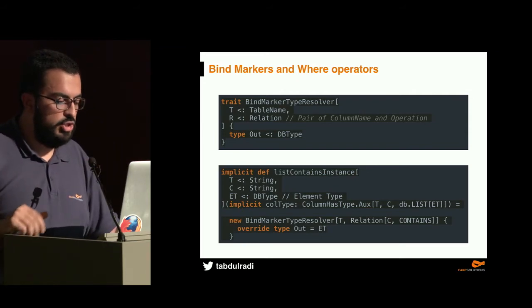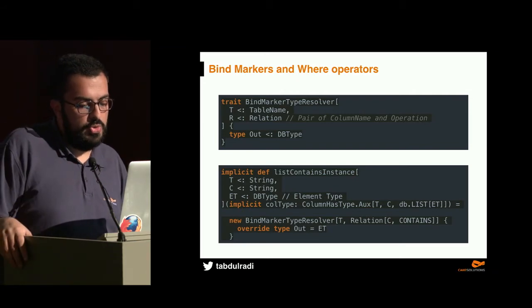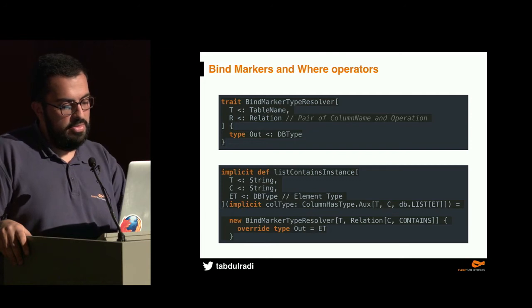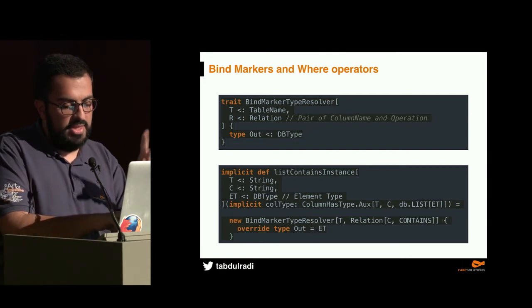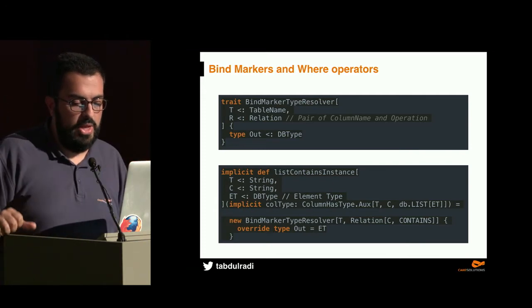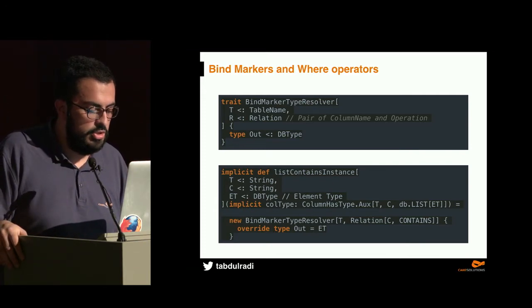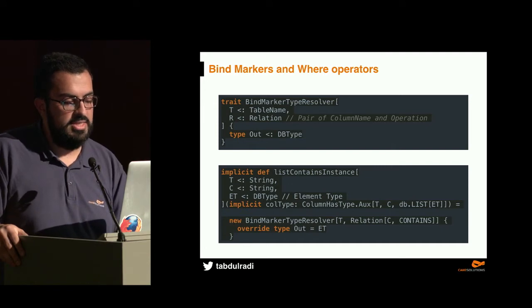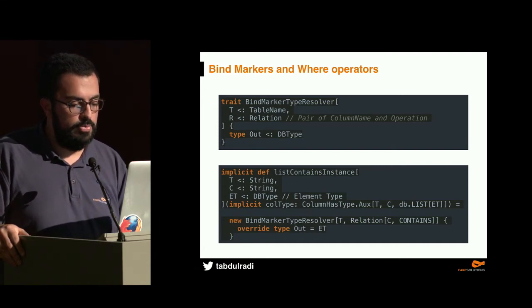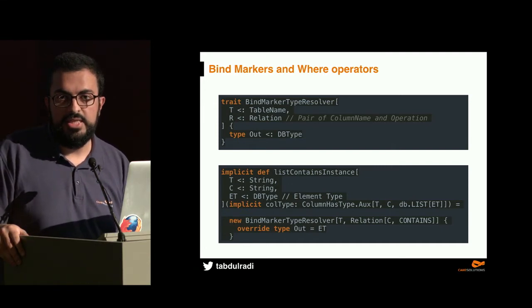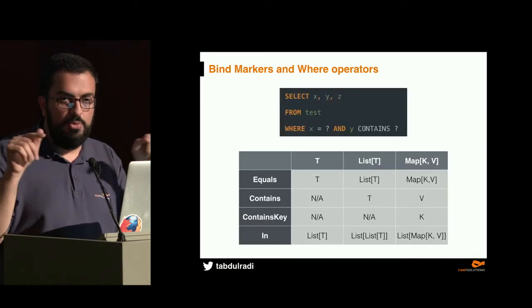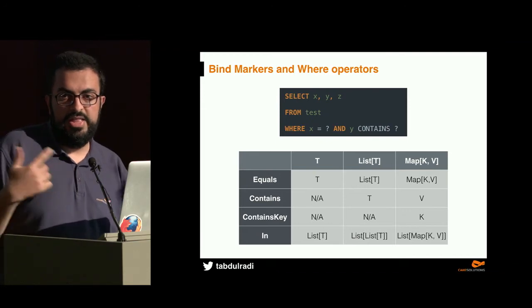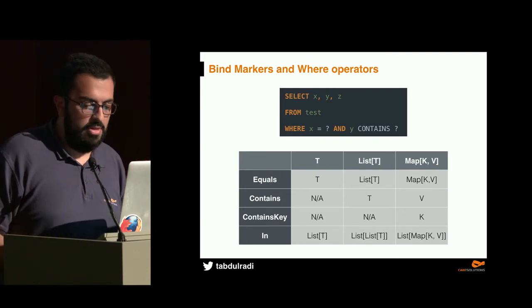Then the relation, in the next line, has to be of the same C and has to be contains as well. If all these conditions are true, then this is the instance you are looking for, and the output of this type class is ET. So basically for every cell in this table, there should be a definition, an implicit def.